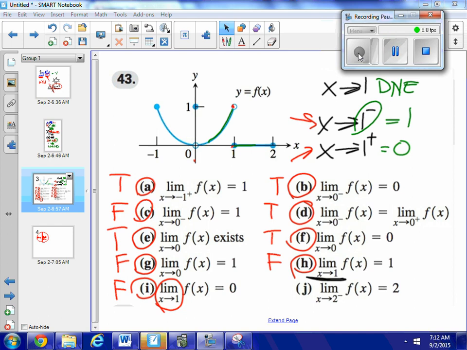And then I move on to J, which says the limit as x approaches 2 from the negative side. Well, as I'm approaching 2 from the negative side, it looks to me like my limit is y equals 0. I don't even have a 2 up here. So this is also false.